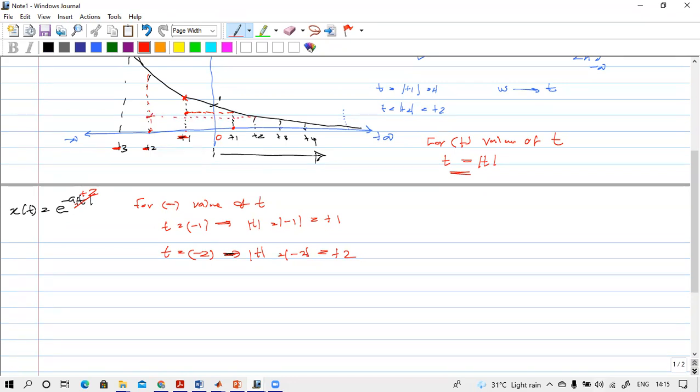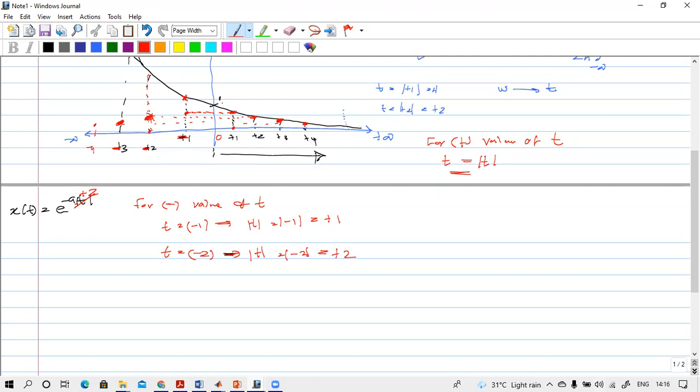And the same if you consider minus 3: you take the absolute value and you will get plus 3. So you will get this value at minus 1, this value at minus 2, this value at minus 3, and plus 4 you will get at minus 4, like this.